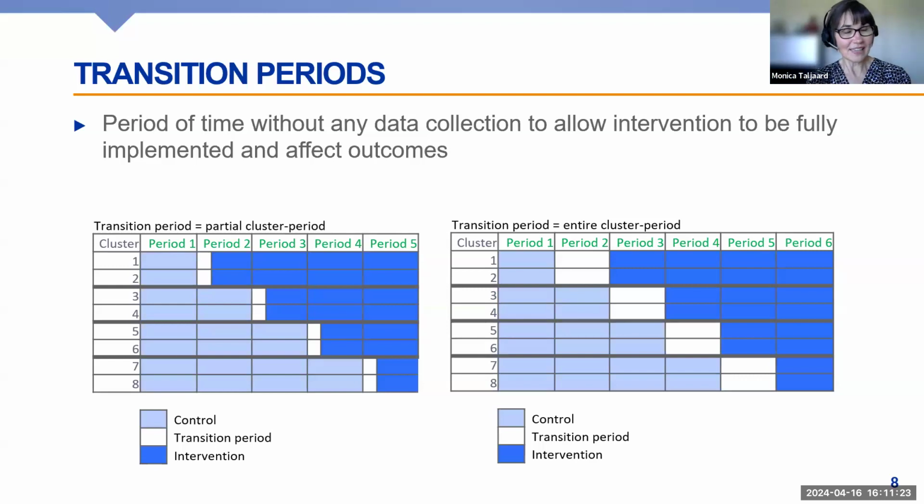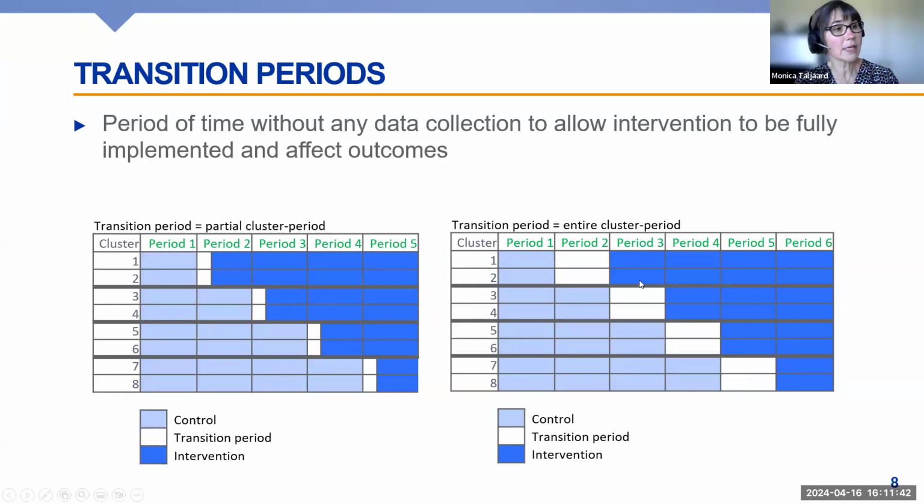But either way, the omission of these periods where we are pausing our data collection would have an impact on the power of the trial, so it needs to be considered in the planning stage of the design. So we have to account for that in our sample size calculation.